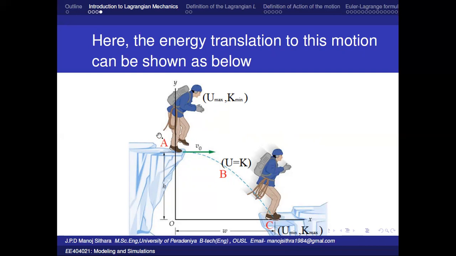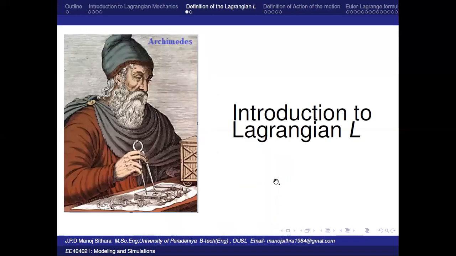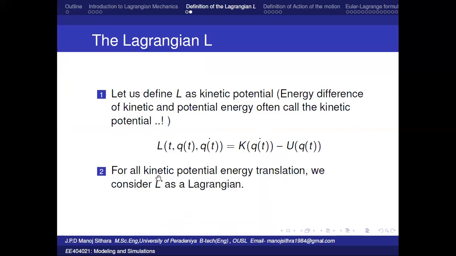Therefore, there is a translation between kinetic and potential energy if this man is falling under the gravitational field, right? So now you know what the Lagrangian is, right? And now we can further study the behavior of this Lagrangian, right?